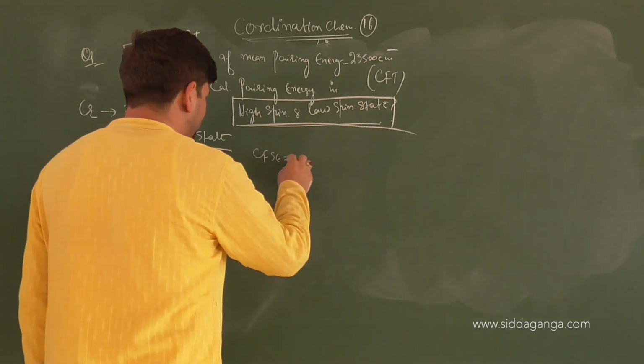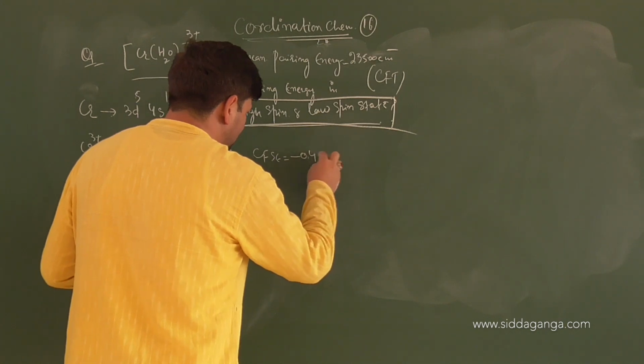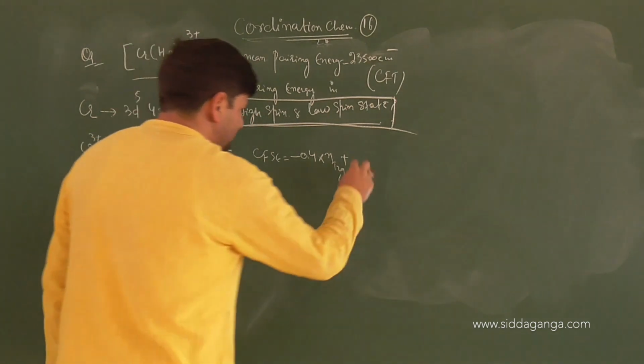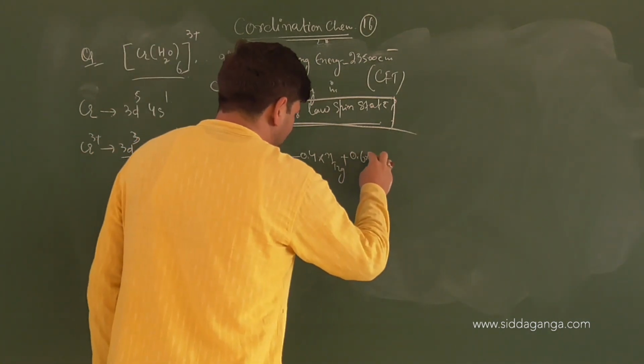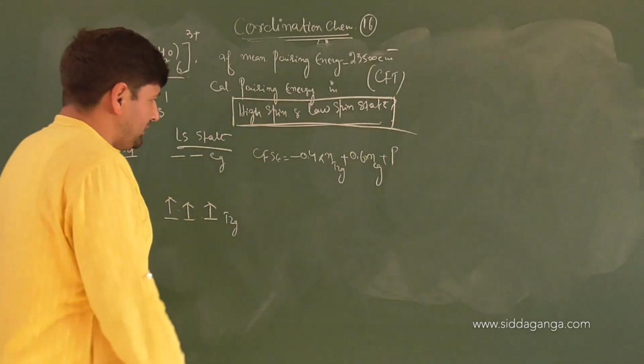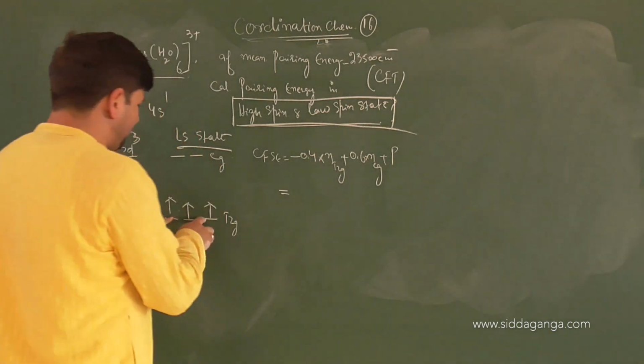So CFSE will be equal to what? Minus 0.4 into number of electrons in T2g plus 0.6 into number of electrons in Eg plus pairing energies. Now that can be worked out very easily. Minus 0.4 into number of electrons in T2g, number of electrons is 3.